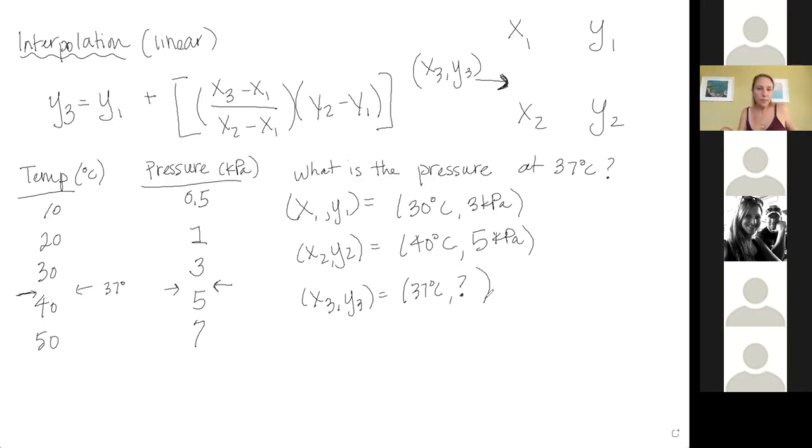Okay. So using this equation here, I think I'm going to run out of room, but we want to use this equation. We know that y3, which is what we're trying to solve for, is equal to y1, which is here, 3 kilopascal, plus x3 minus x1, 37 degrees minus 30 degrees, over x2 minus x1, so 40 degrees minus 30 degrees.